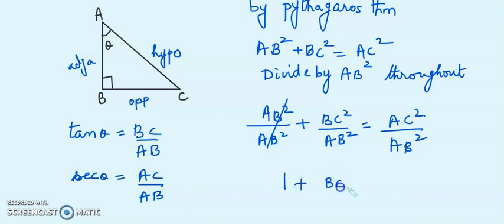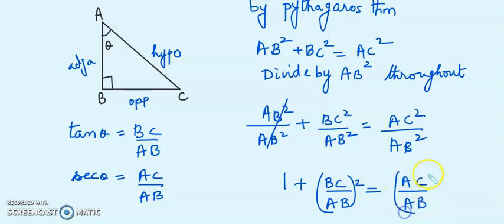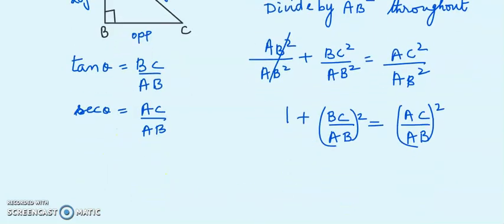Let me write this as 1 plus BC upon AB the whole squared equals AC upon AB the whole squared. Correct? So now we can shift the BC upon AB ratio as tan theta and the AC upon AB ratio as sec theta. So are we getting 1 plus tan square theta, or tan square theta plus 1, equals sec square theta?